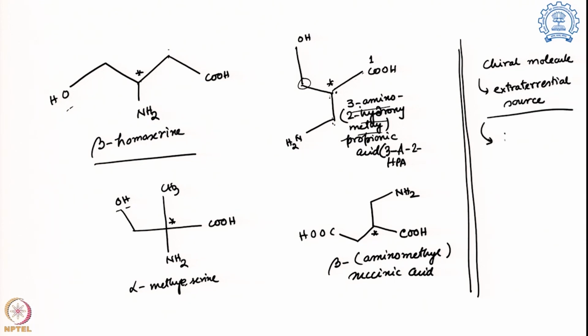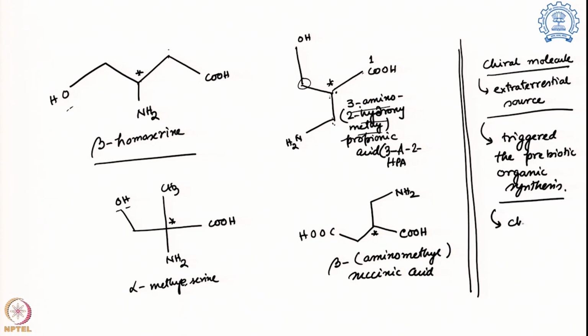And secondly, this probably triggered prebiotic organic synthesis, and it also showed that the initial presence of this chiral molecule creates a chiral environment which possibly led to the formation of L amino acids or D carbohydrates.